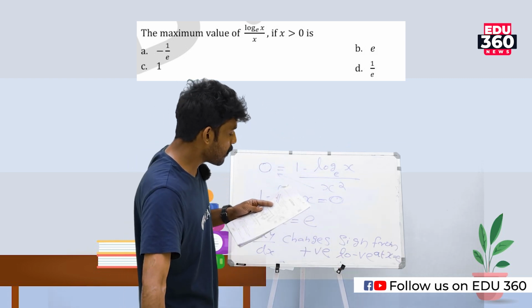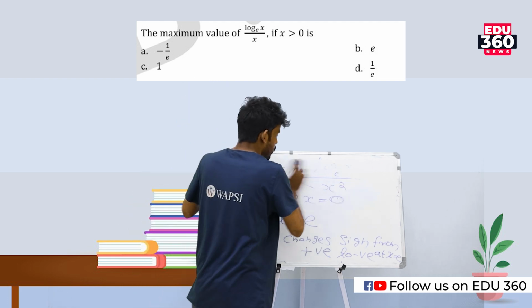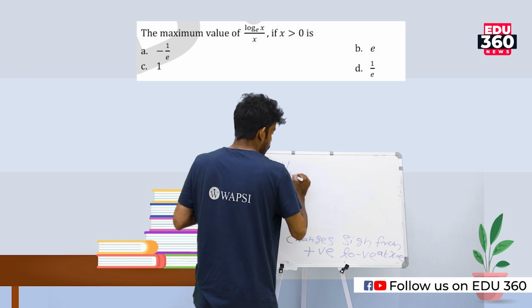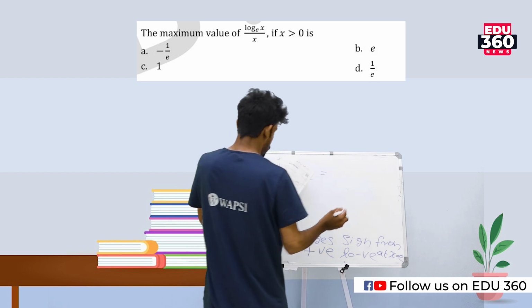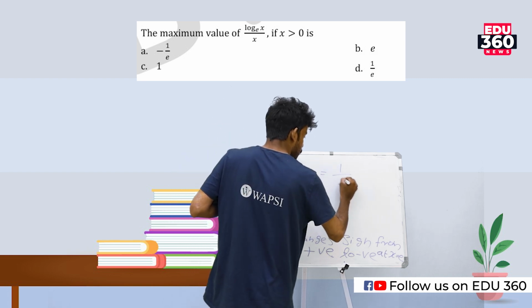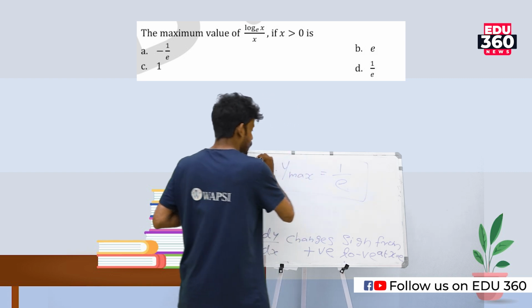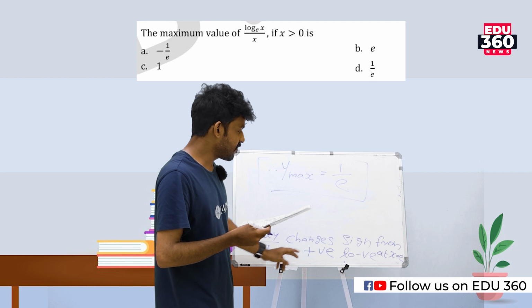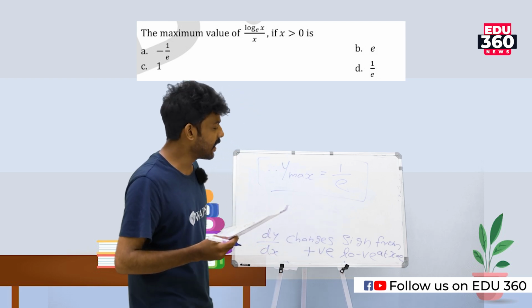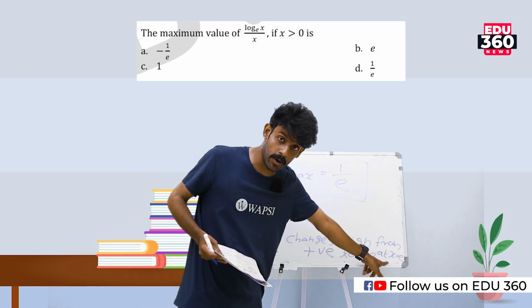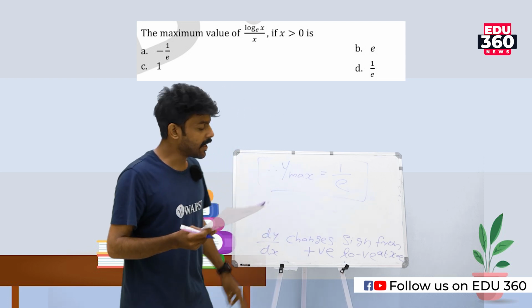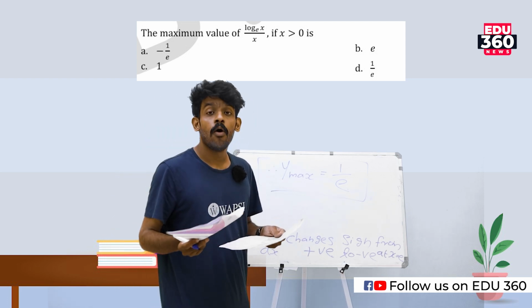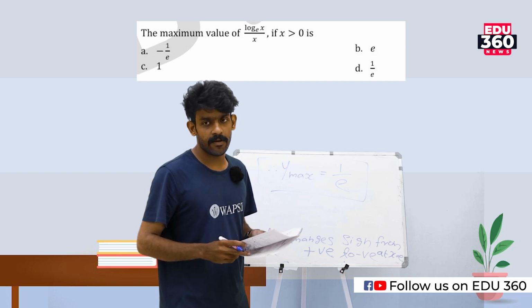So that means y maximum value, y max, is equal to 1 by e. So this is the final answer. Therefore y max is equal to 1 by e. Okay, so for this question, option D is the correct answer.